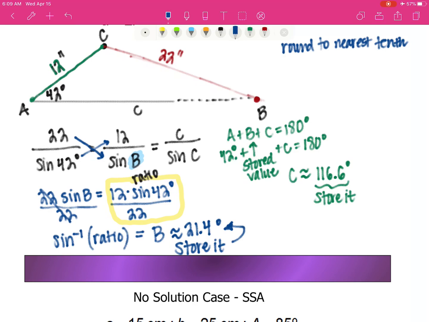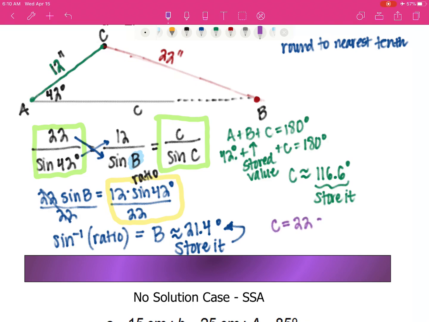Once you store that value, you're going to be able to use your original ratio with this C over the sine of the stored value C, cross multiply, and we get, I'm going to write it down, little c is equal to 22 times the sine of stored value c.